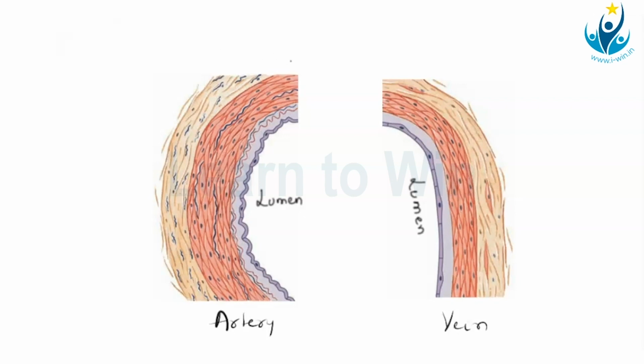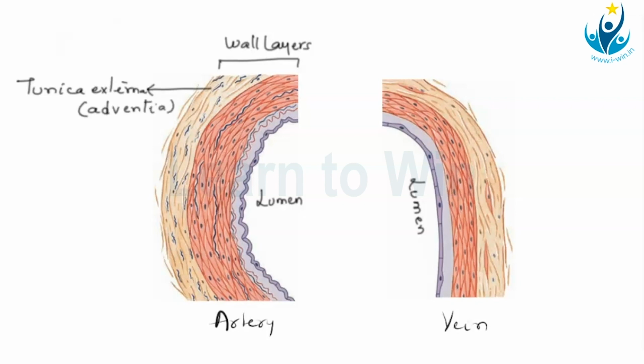There are three layers of the walls which are commonly seen in both arteries and veins. The outermost layer is called tunica externa or tunica adventitia. So this is the tunica externa.